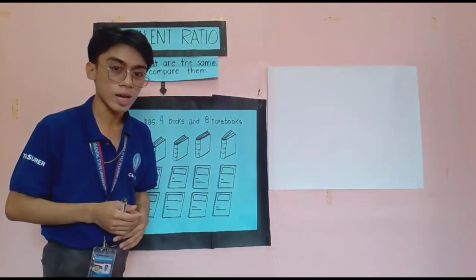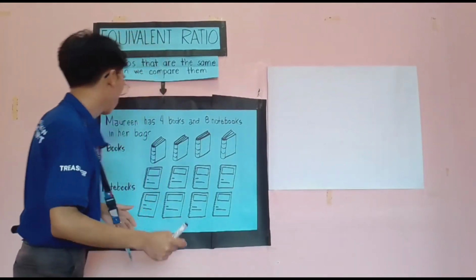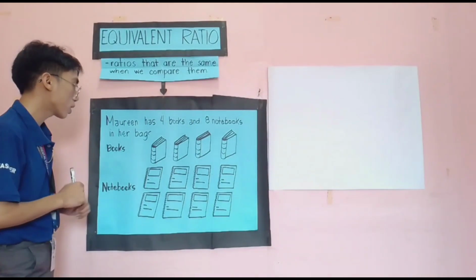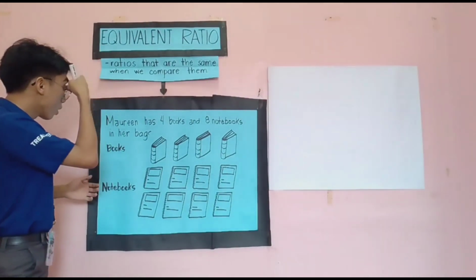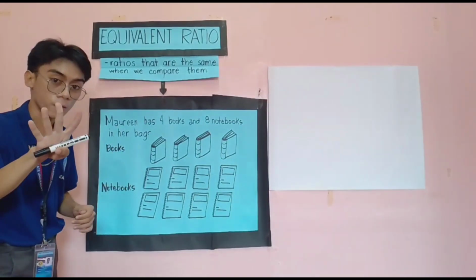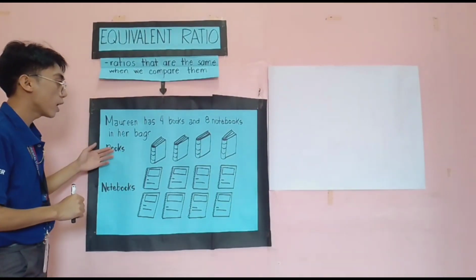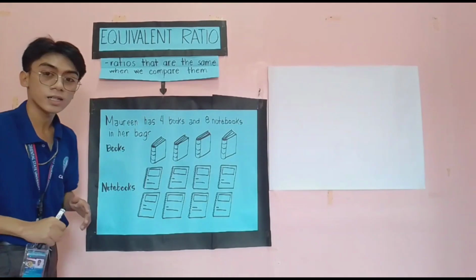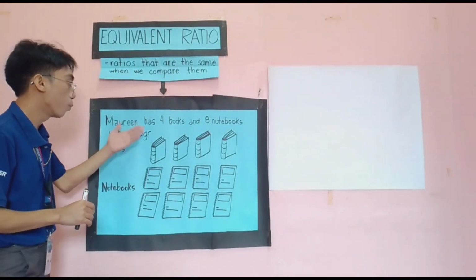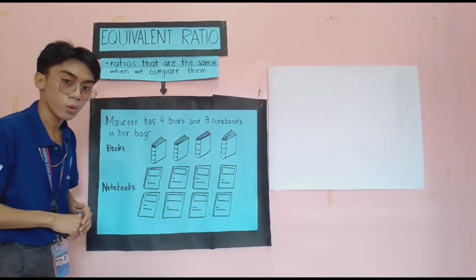they are the same. Let's say, for example, Maureen has 4 books and 8 notebooks in her bag. So the books of Maureen are 4, and the notebooks are 8. What is the ratio of Maureen's books and notebooks?